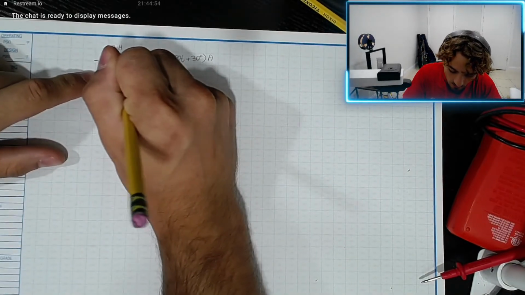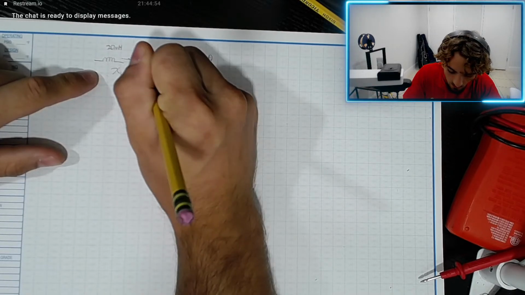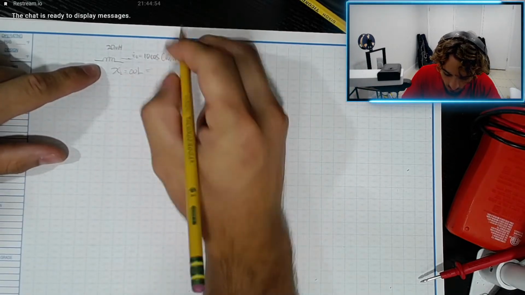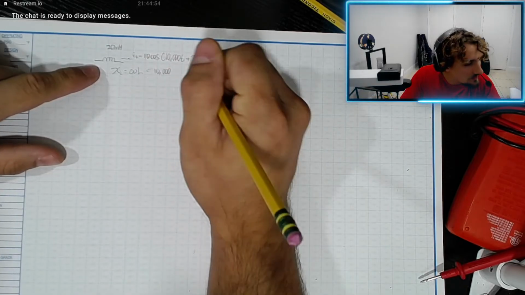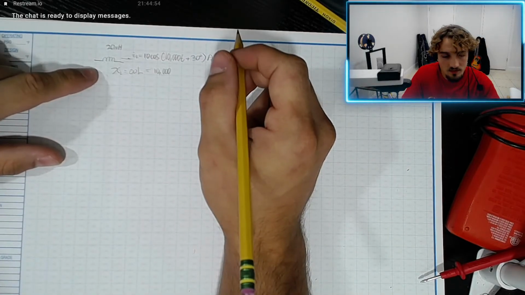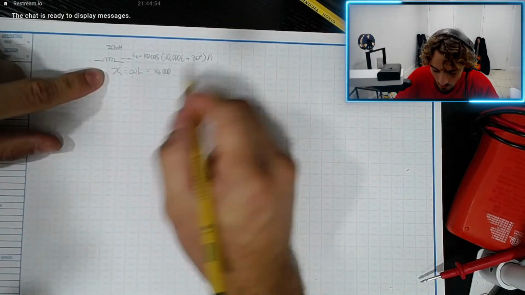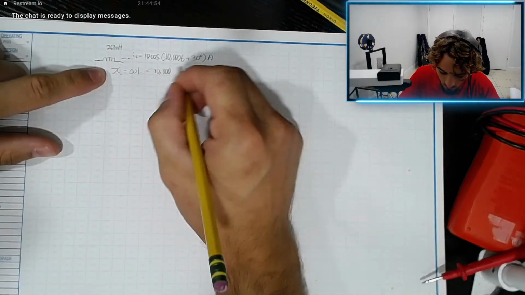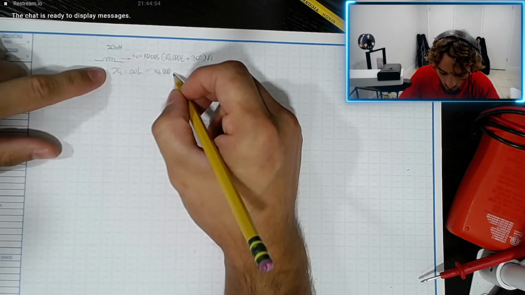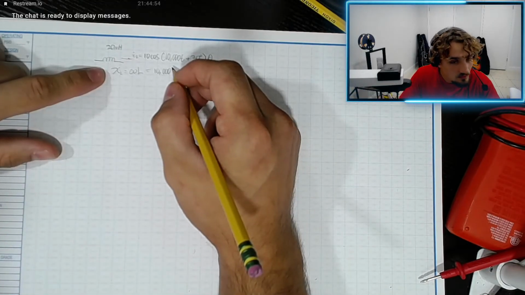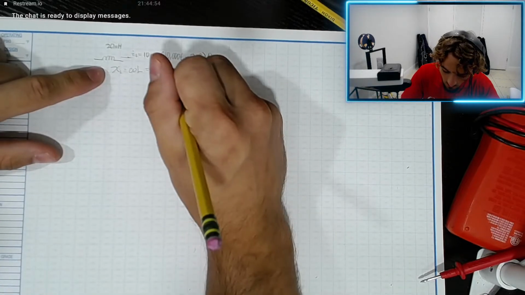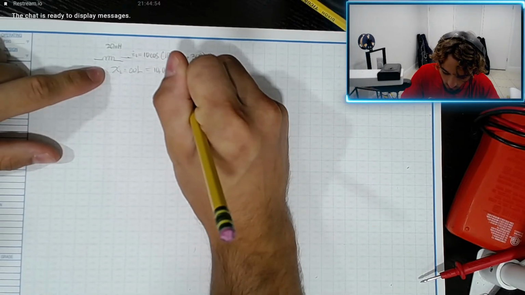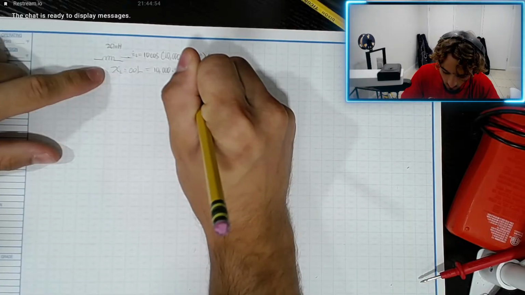So X_L equals omega L equals 10,000 times 20 millihenry, 20 e to the negative 3.